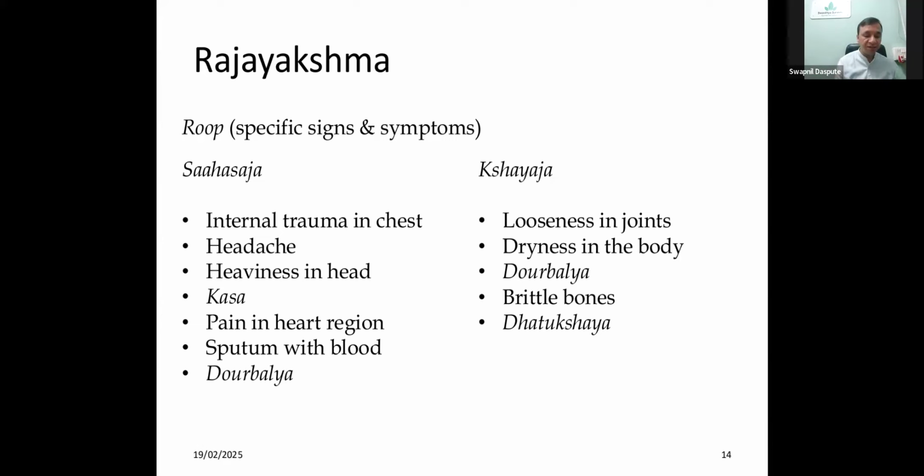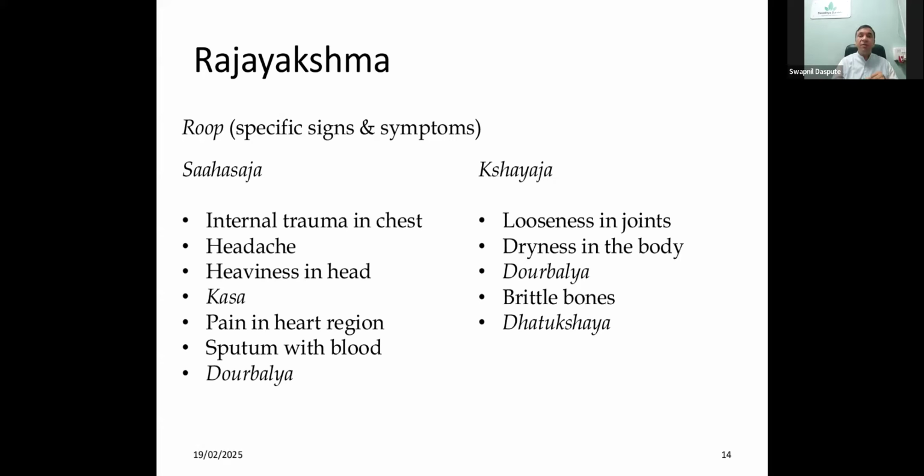Doing something beyond one's physical capacity on a regular basis will lead to these things: sputum with blood, bleeding through the nose. Bleeding through the eyes may happen, but that will be at a more serious later stage.